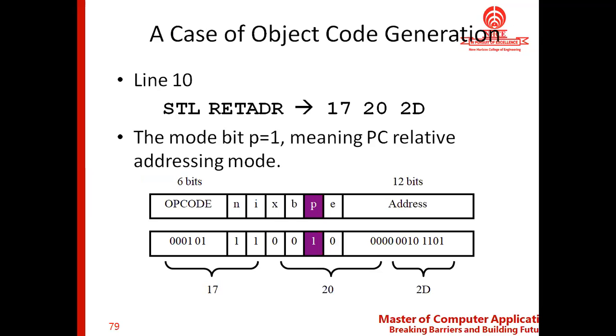Now, I have already told you that format 3 is relative addressing, and it is a simple addressing. When it is simple addressing in format 3, the N and I bits are 1, as we have already seen in the examples where there was a calculation for TA in which the N and I bits were 1.